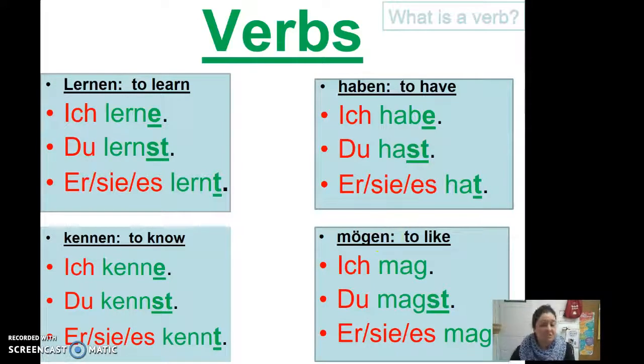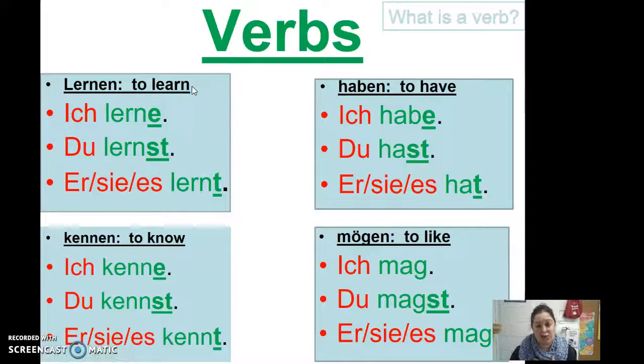Now you need to know this because you need to be able to identify verbs because you have to change them a little bit. Look at the top, the title for each one. Lernen, to learn. Do we use to learn in English a whole lot? We don't. We don't say I to learn English. To learn you German? We don't do that. We change it. In English, we take off the to, and we add something here sometimes.